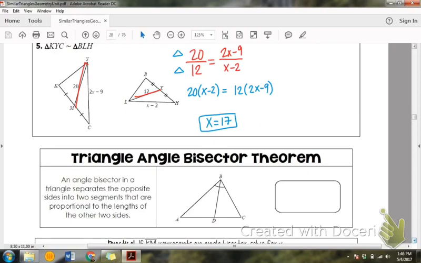But did you get your proportion correct? And you set it up correctly? You have 20x minus 40 equals 24x minus 108. Yes. Okay, so then it's an algebra mistake, and I'll help you find that in just a minute, okay?